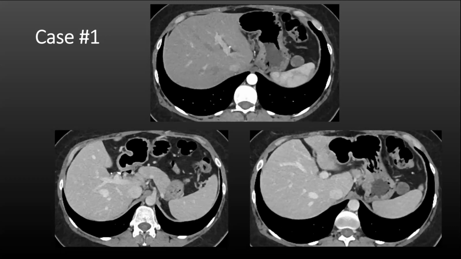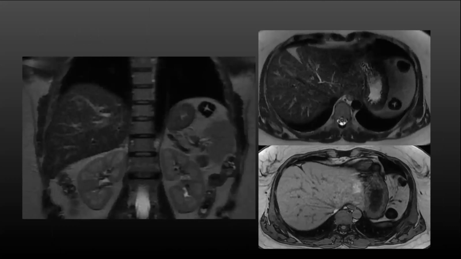Well, this case was challenging, so we did an MRI to make sure what the lesion was, and here you can see the MRI. The lesion is dark on T1, dark also on T2, with a central high signal on T2, which is indicating Mercedes sign.